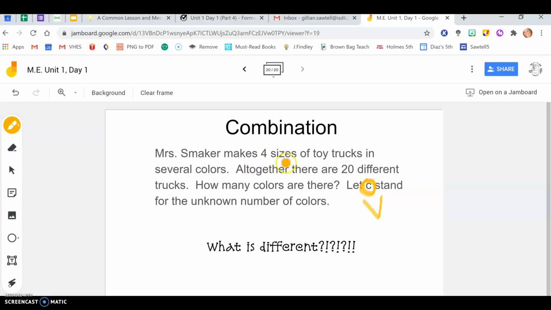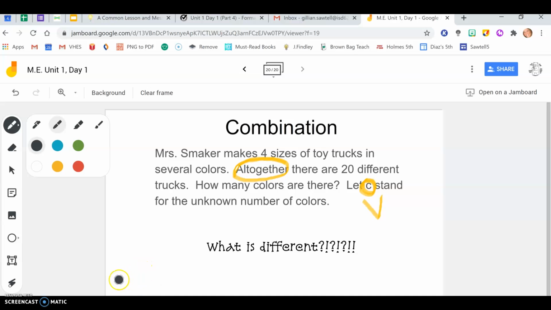I also noticed this other very important math word, altogether. Altogether means I've already made my combinations. That's what I have in all. And I know that when I make equations, my total or my altogether comes at the end.